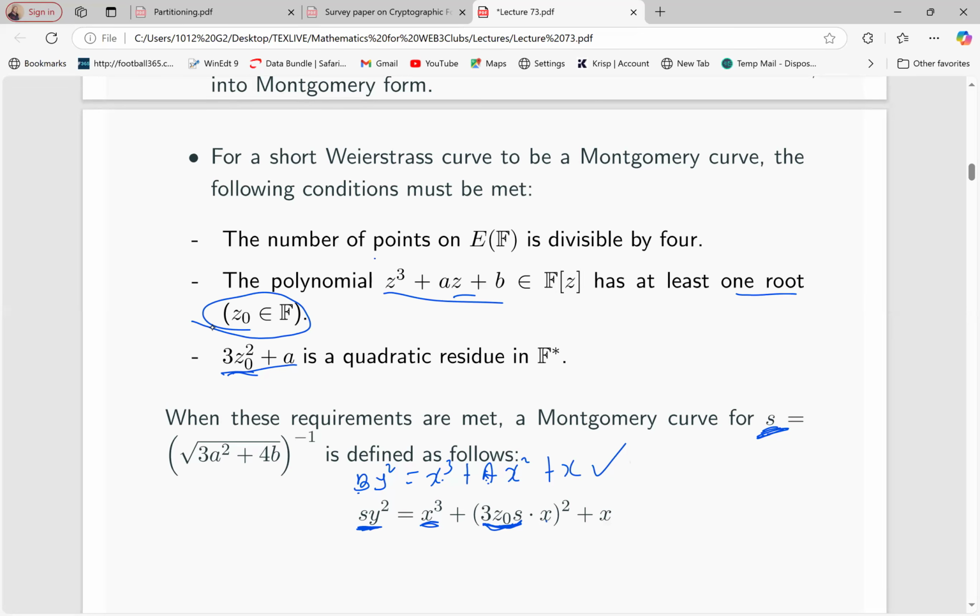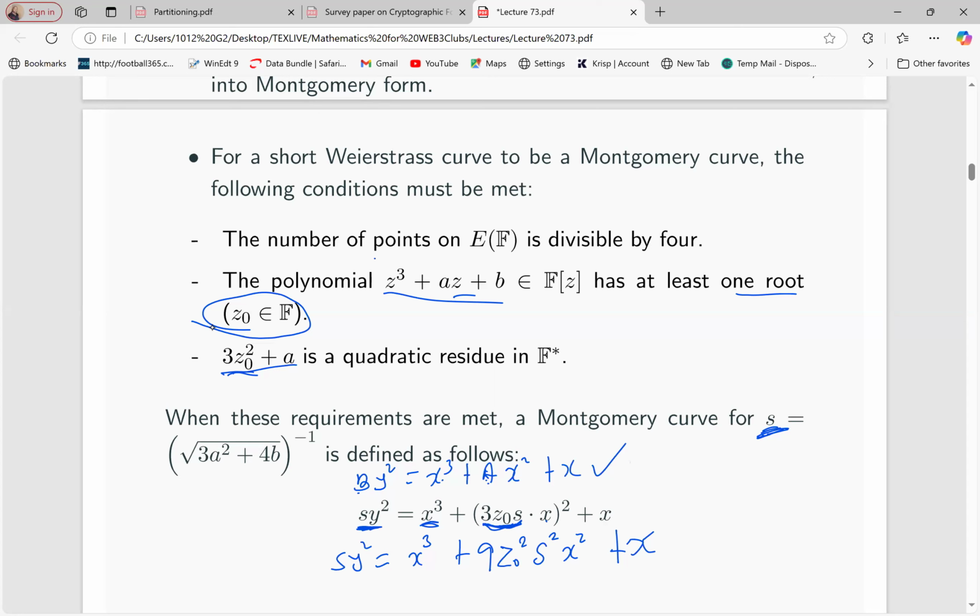In fact, this is the same as x cubed plus 9 z naught squared s squared, then x squared, then plus x. Is the same thing. So this, therefore, is our Montgomery form. If you had the short Weierstrass form, this is the Montgomery.